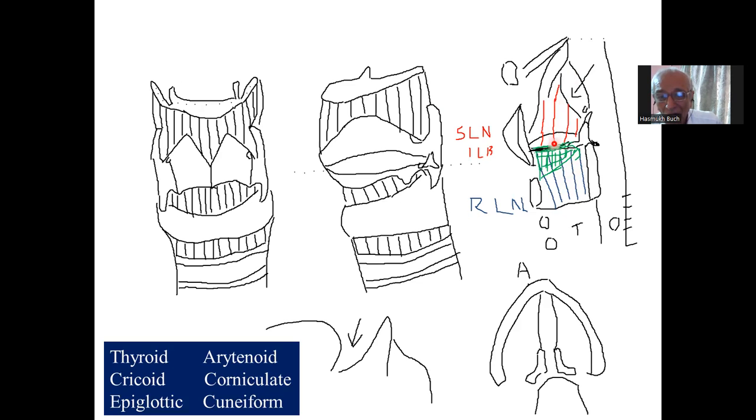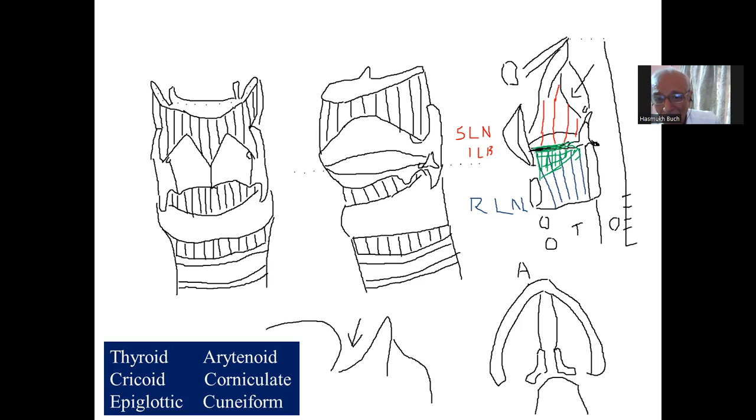The part above the vocal fold, this is vocal fold, develops from the fourth pharyngeal arch, and that's why it is supplied by the superior laryngeal nerve by its internal laryngeal branch.